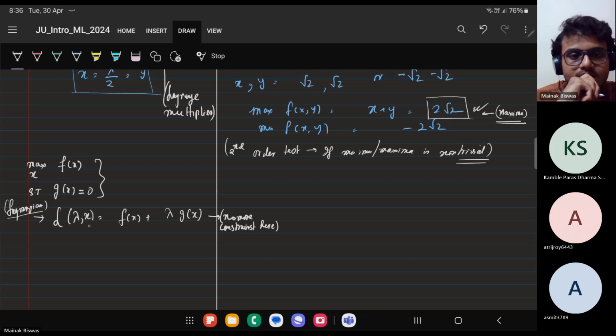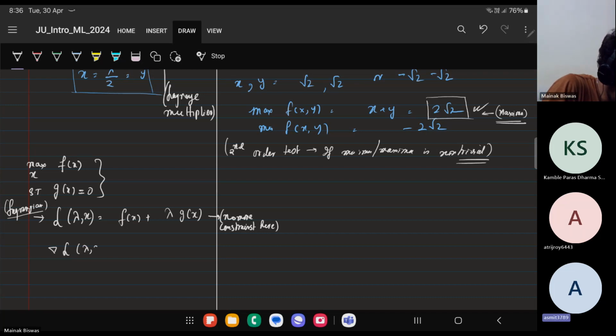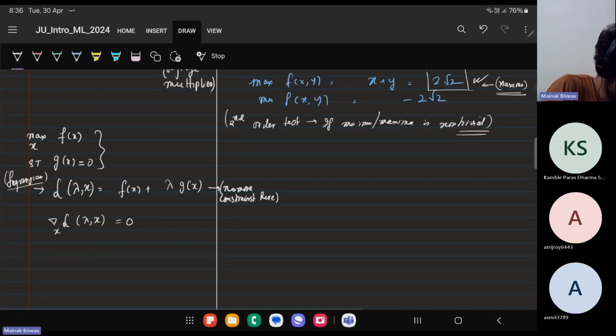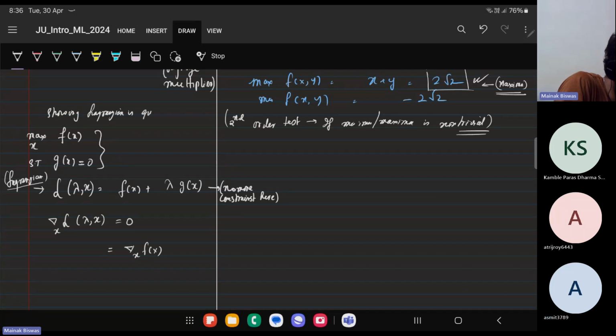Any idea why I can write this? Pretty simple. At optimality, what happens to any function? The gradient is 0. The Lagrangian is equivalent, then the gradients will become proportional, so they will become parallel, equivalent to f parallel to g.